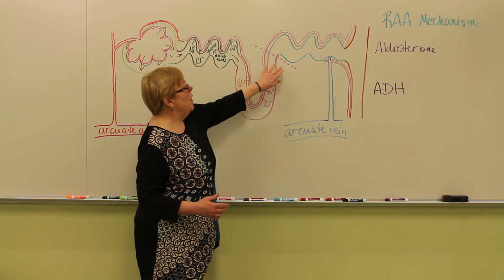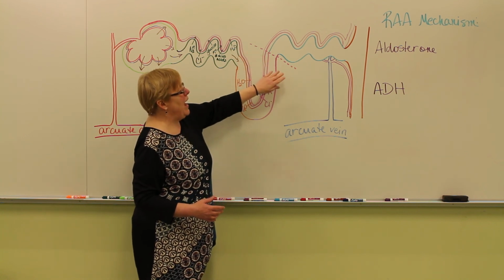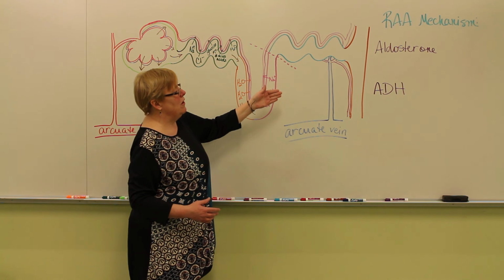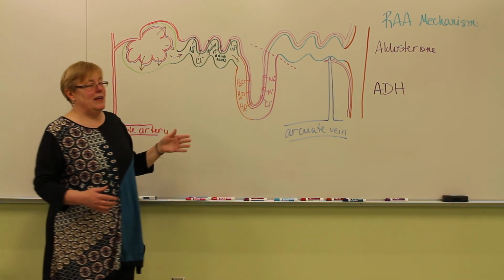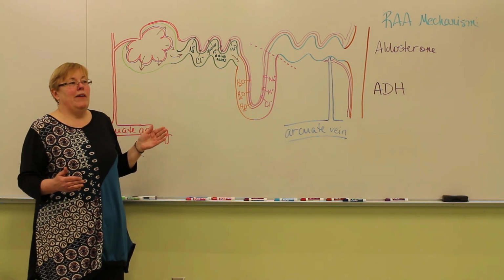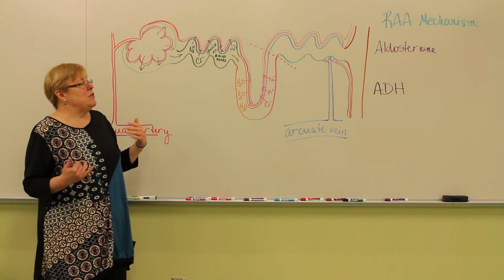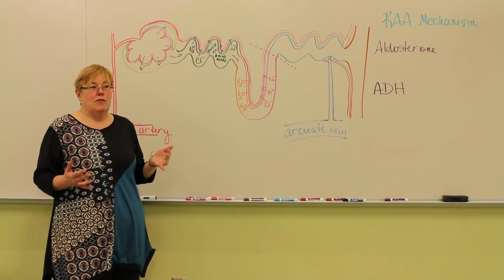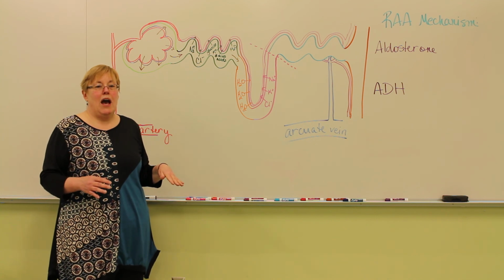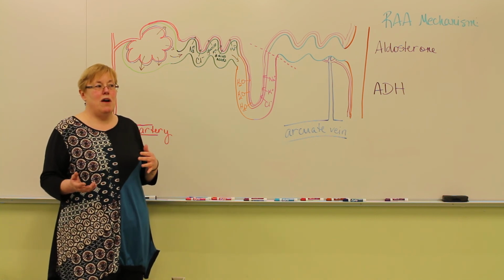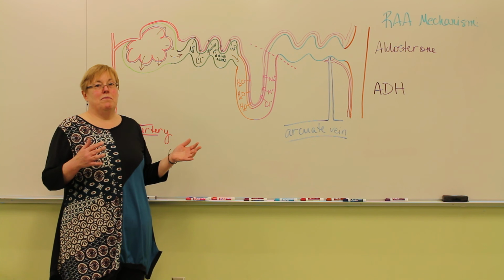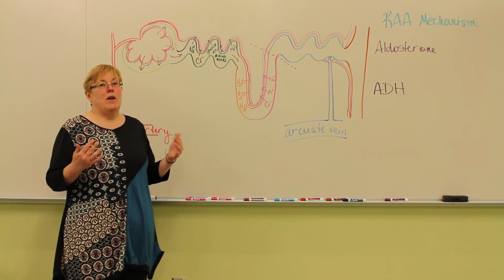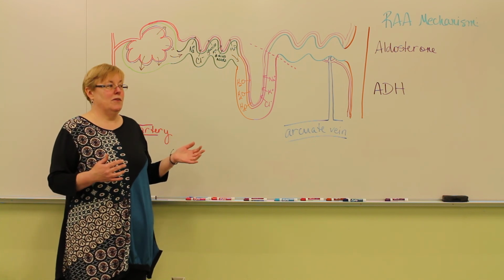Okay? So if we now are in a situation where the person is in what's called negative water balance, now we have to do something different, because in negative water balance, there's less water coming in than going out. So the body has to switch from a time of plentiful water to water conservation mechanisms.